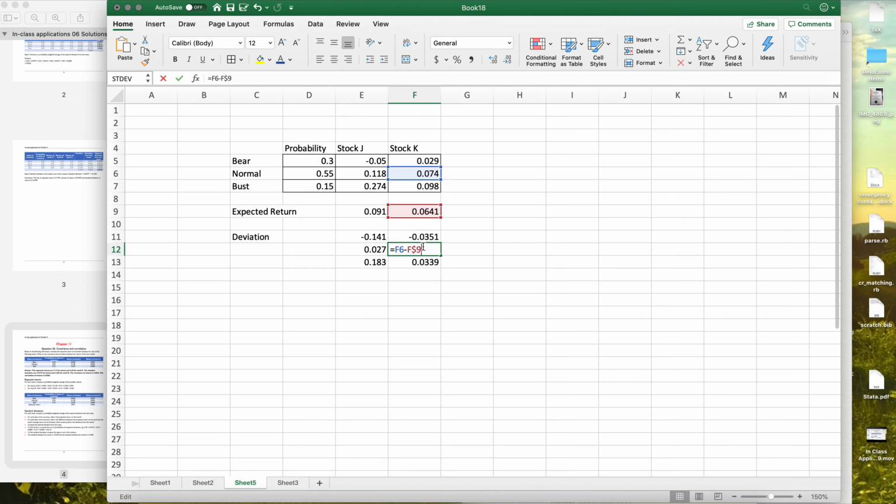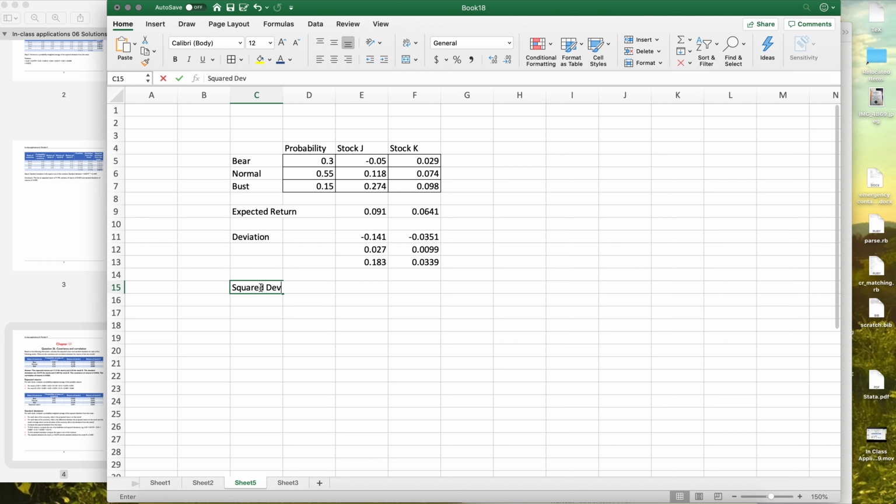Okay, so what we did here was we took each cell in the stock returns minus the expected return, and we locked the row, which allowed us to copy and paste this all the way down and get the correct formula, but also to copy and paste it across and get the correct formula.